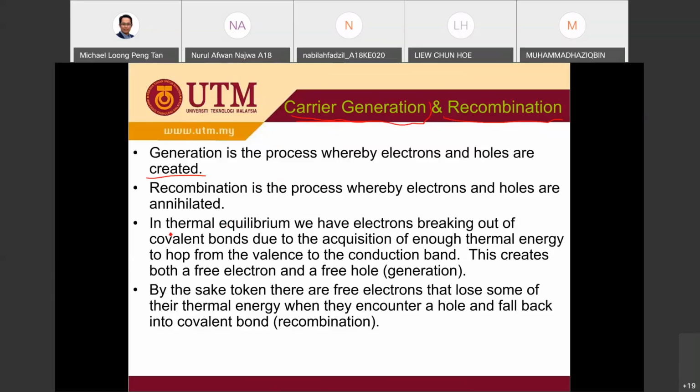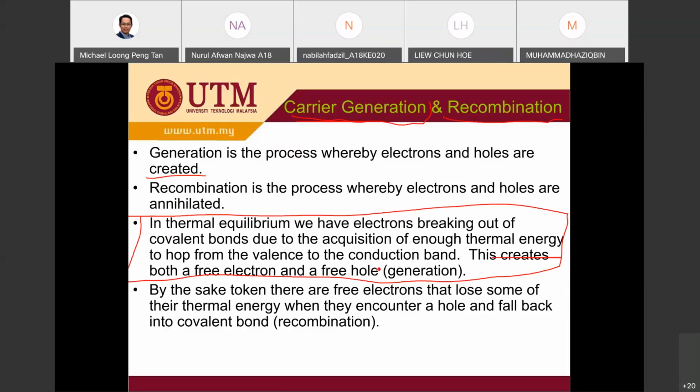So in thermal equilibrium, we have an electron breaking out of a covalent bond due to acquisition of enough thermal energy to hop from the valence to the conduction band. This creates a free electron and a free hole. If you have enough thermal energy, you can jump from the valence band to the conduction band.